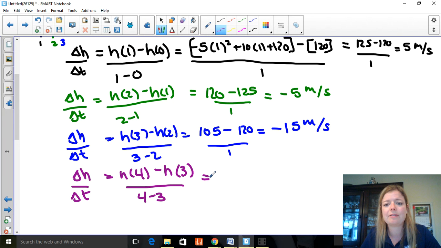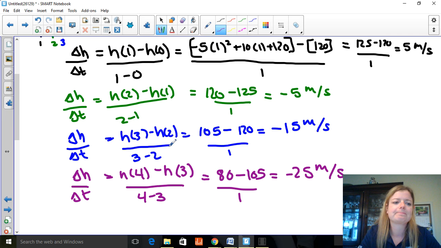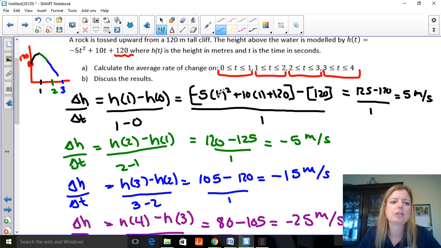Is it going to be negative? Is it going to be bigger or smaller than this? That's what I want you to think about. So when you put this in, you get 80 minus 105. So you get negative 25 meters per second, which makes sense because the height should be decreasing faster and faster as it hits the ground.